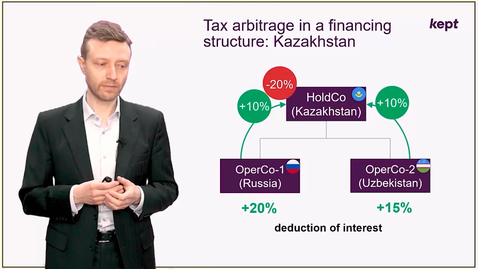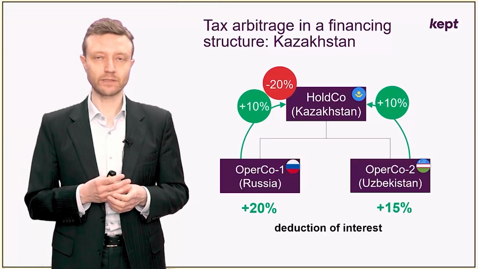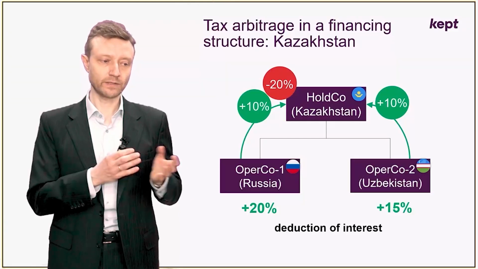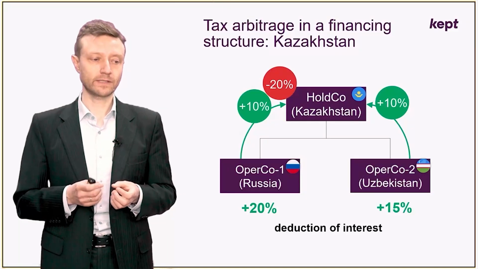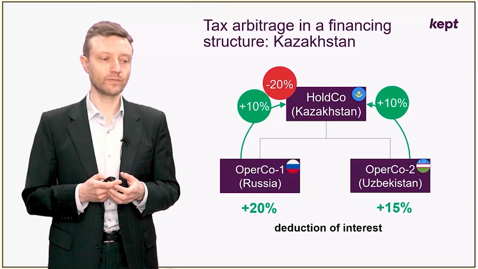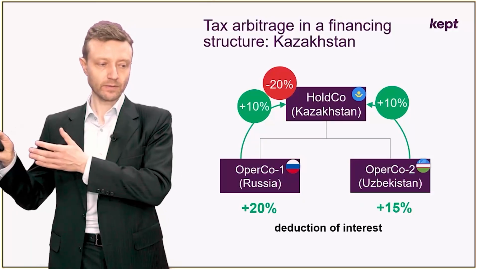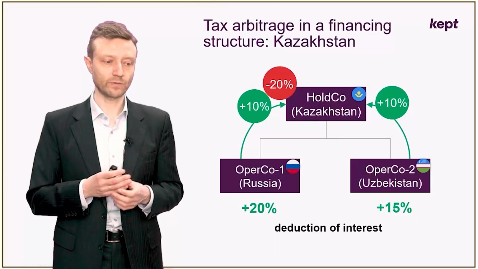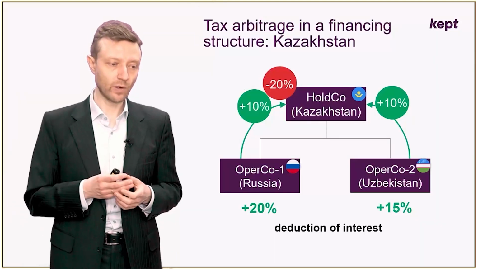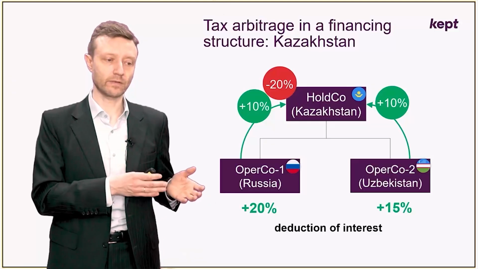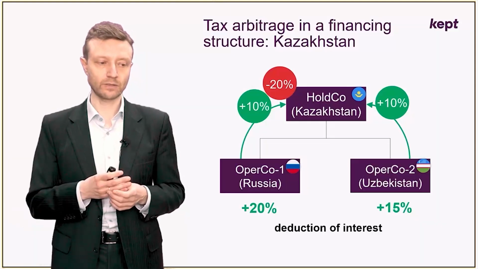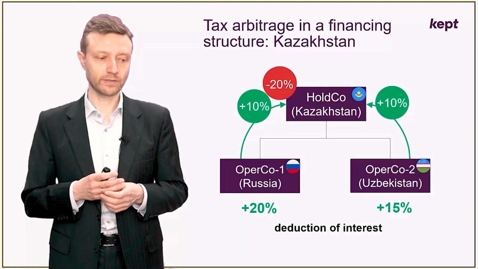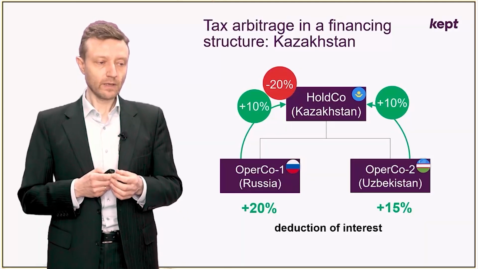There, the general tax rate is lower. This is why this structure is less tax efficient in relation to interest payments, especially in relation to interest that is paid from Uzbekistan, where the tax rate is lower than the tax rate in Kazakhstan that applies to this same income.